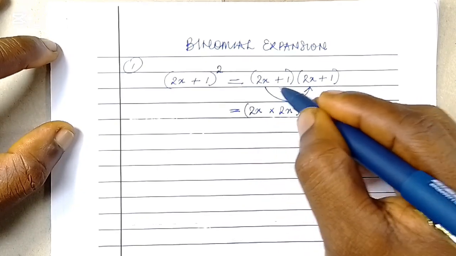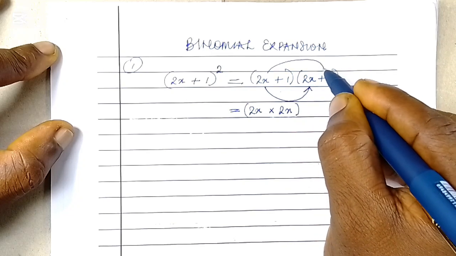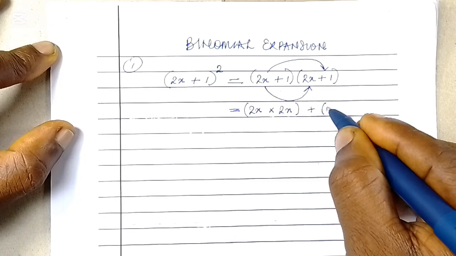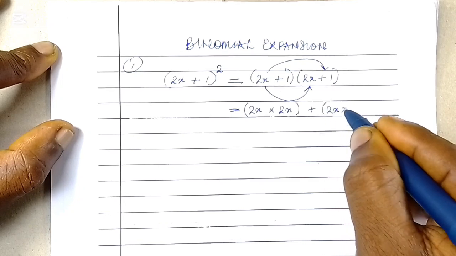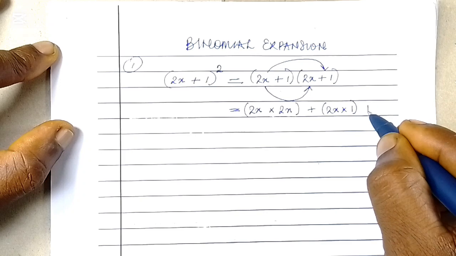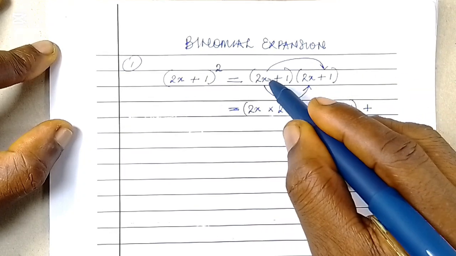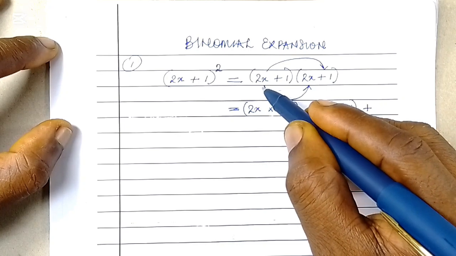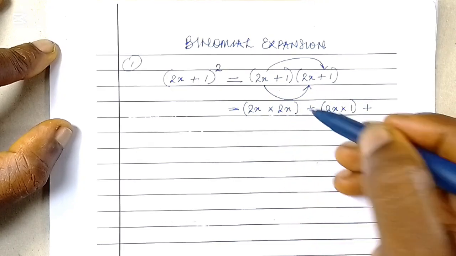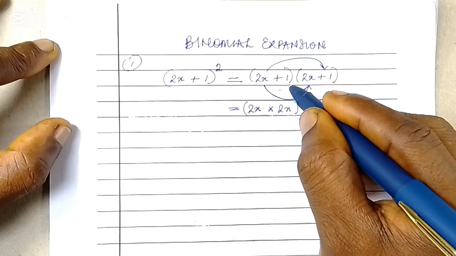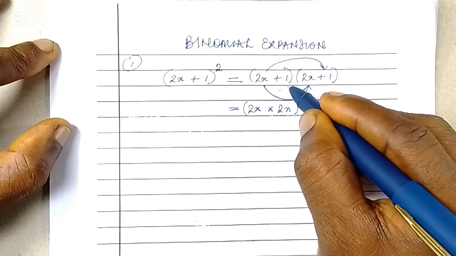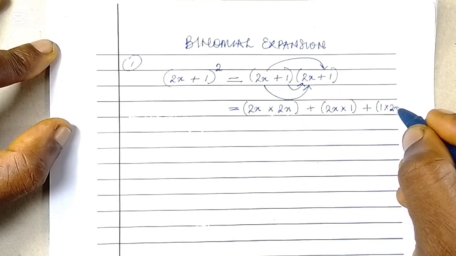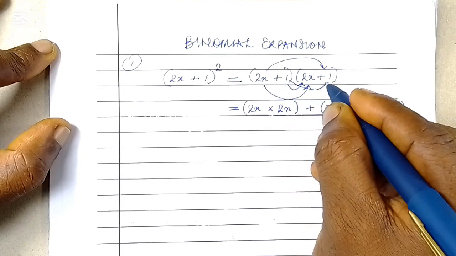And thereafter, you would use the same 2x to multiply the second value, 1, in the second bracket, and that would mean plus 2x times 1, then plus again. Once you are done using the first element in the first bracket, you will now start using the second element in the first bracket to do the same routine. That is using 1 to multiply 2x and then using the same 1 to multiply 1.